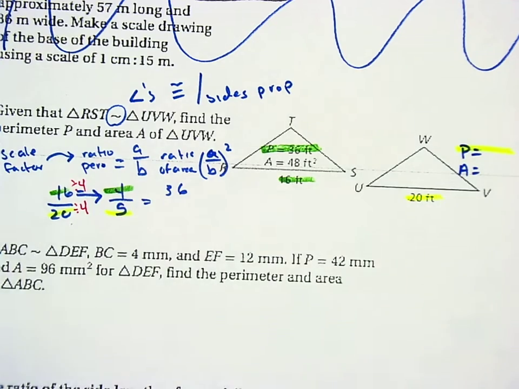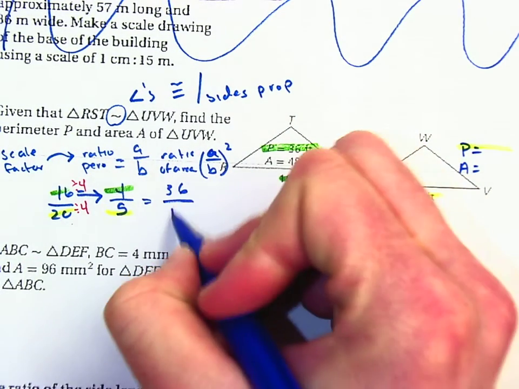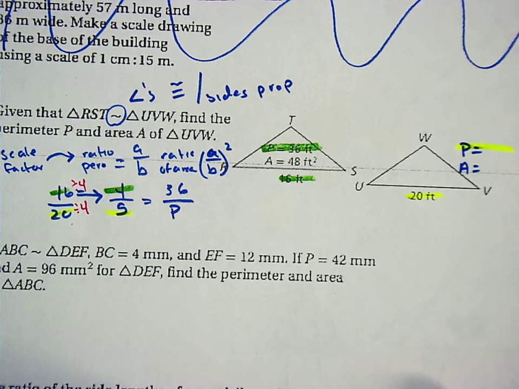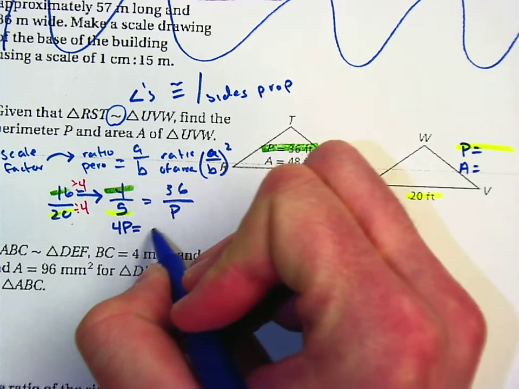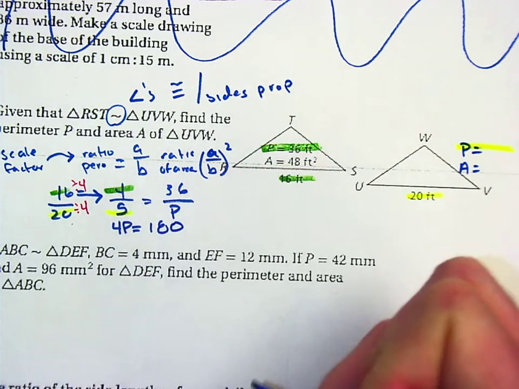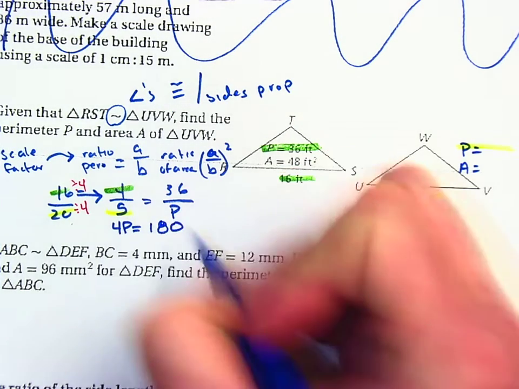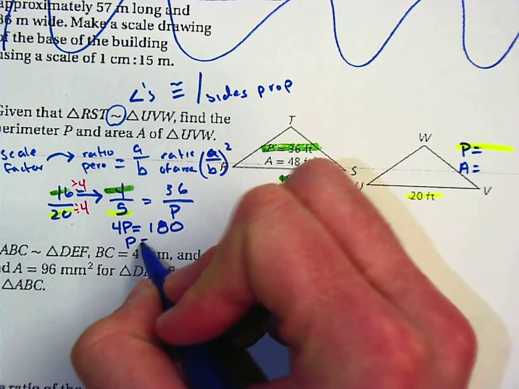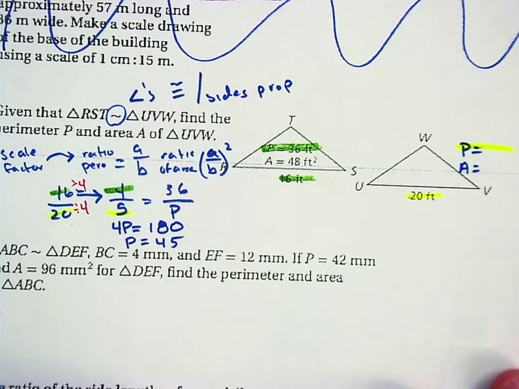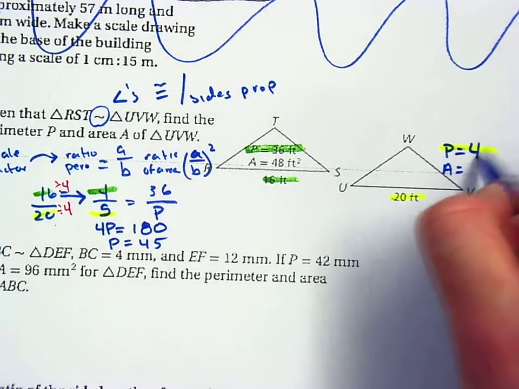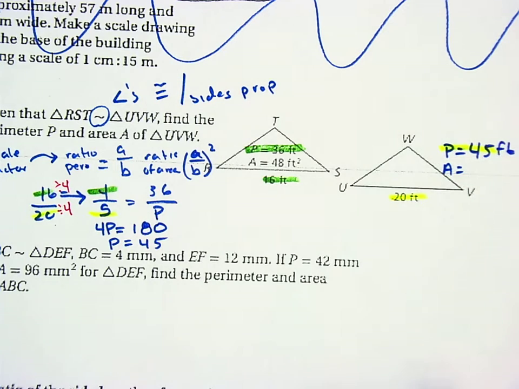That's what I'm looking for. That's P. So 4P equals 180, and P equals 45. Now they also gave me units on this, so P is actually 45 feet.